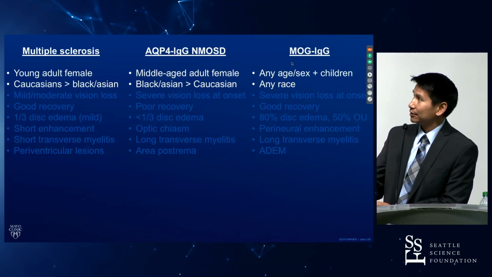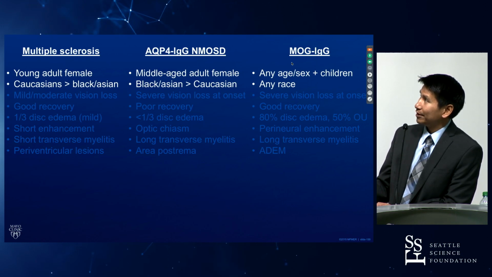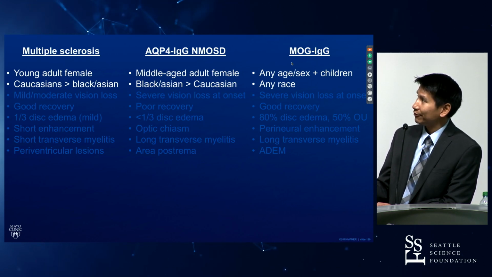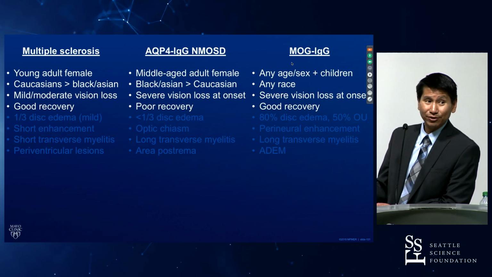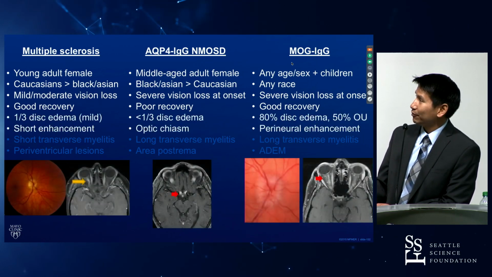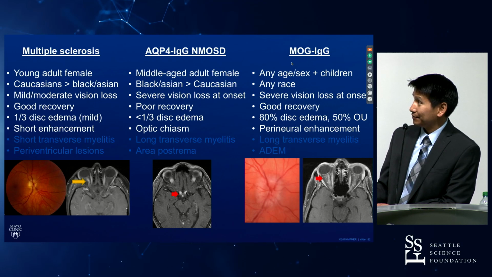So just in summary, I'm going to compare and contrast these. We've talked about aquaporin 4 and MS, and so for MOG, it's going to be any age and sex, plus children, any race. The vision loss is just as severe as aquaporin 4 at onset, but the recovery is so much better, which leads to a better outcome. You want to think about MOG optic neuritis when there's lots of disc edema, when it's bilateral, when you see this perineural enhancement.